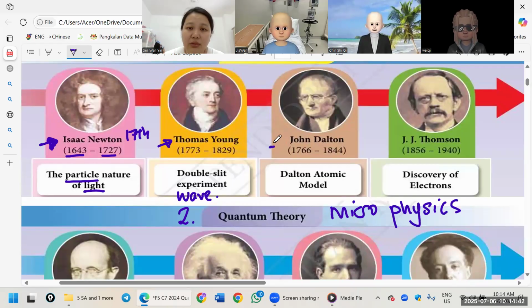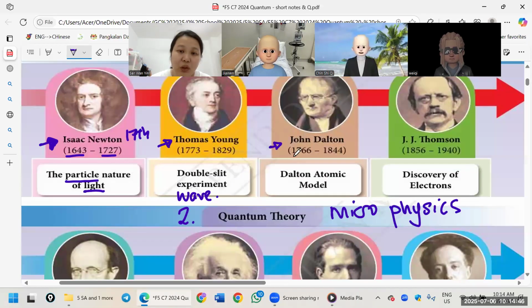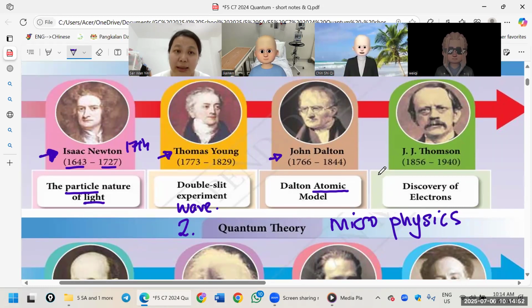Then come to John Dalton. At the same time, John Dalton made the Dalton atomic model, which you all learn in chemistry. He said that at that time the smallest particle is the atom, and inside there are proton, electron, neutron.